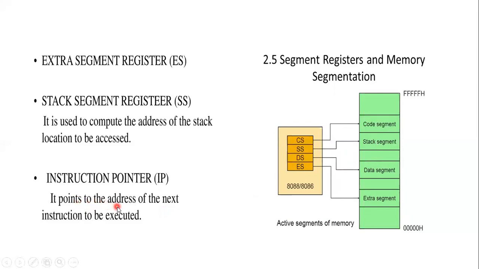The instruction pointer is 16 bits in length and identifies the location of the next word of the instruction code to be fetched from the current code segment of the memory. That is, it points to the address of the next instruction to be executed.